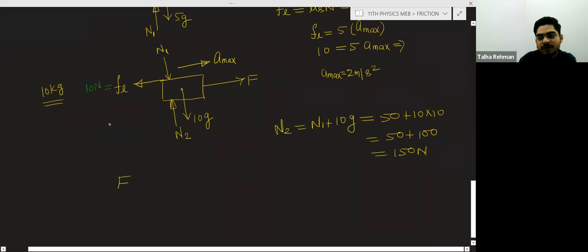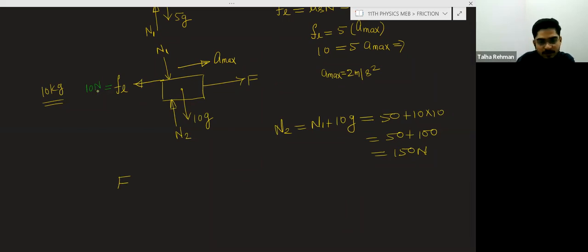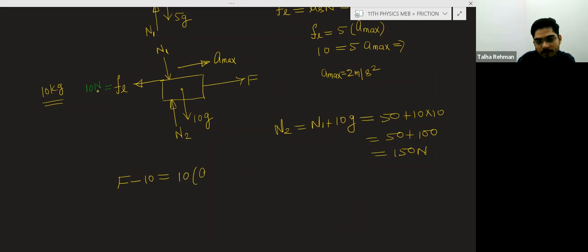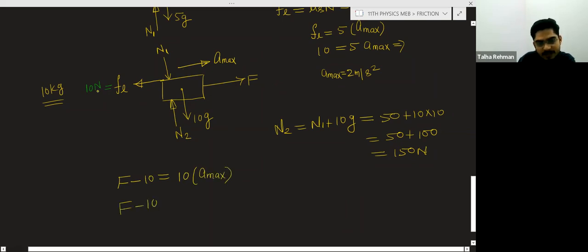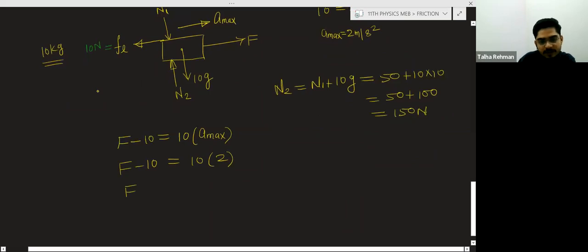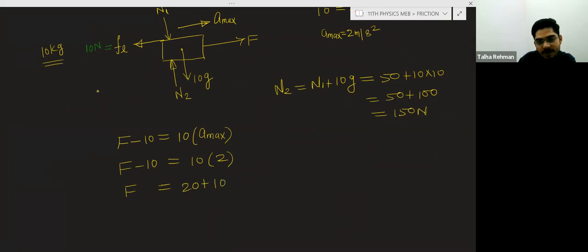So net force on the 10 kg block will be F minus 10 is equal to mass, 10 kg, times acceleration A max. So F minus 10 is equal to 10 into 2, so from here you will get 20 plus 10, it will become 30 Newton.